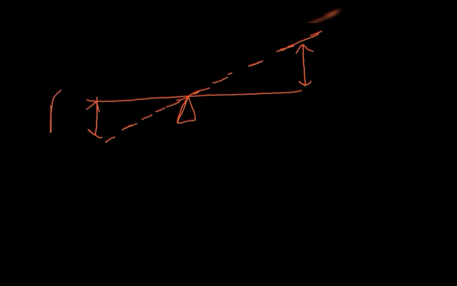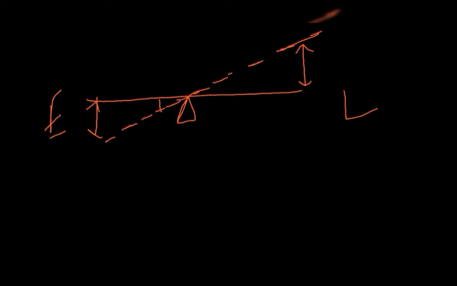See, if this is the lever, after some time it has moved, let's say this much, so obviously it has traveled this distance. Let's say the effort is on this side and the load is on this side.